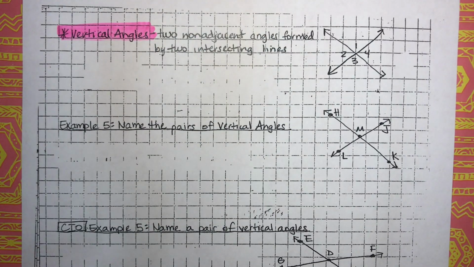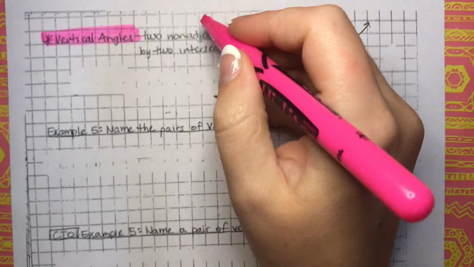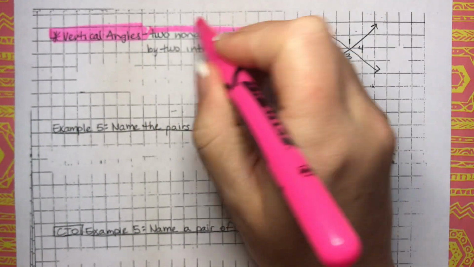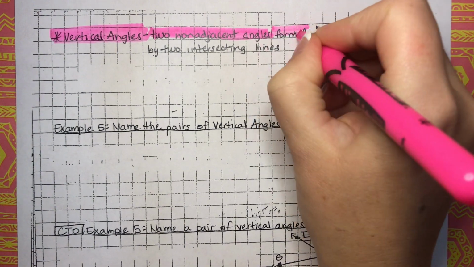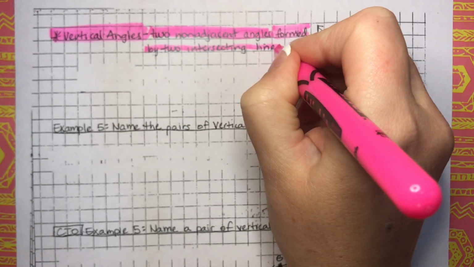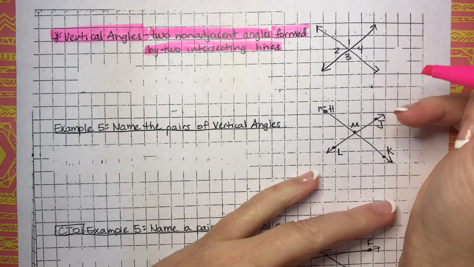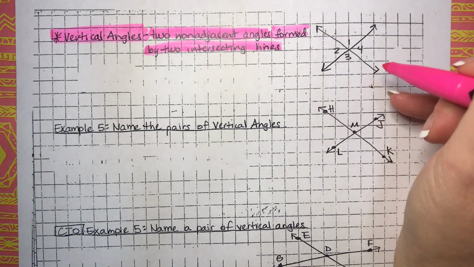Vertical angles are two non-adjacent angles. That means they're just non-adjacent, right? Formed by two intersecting lines. If we look at this figure right here, there are two intersecting lines.